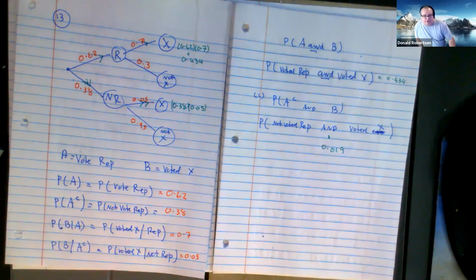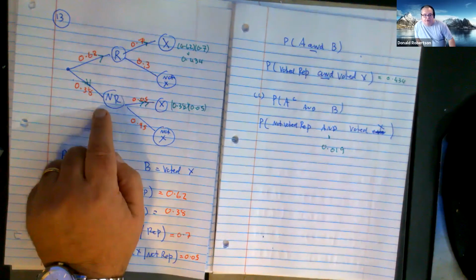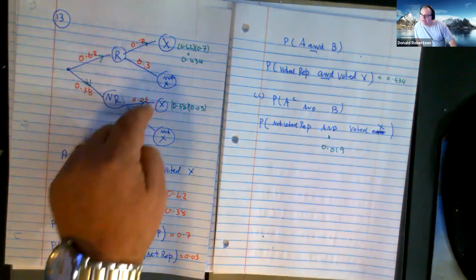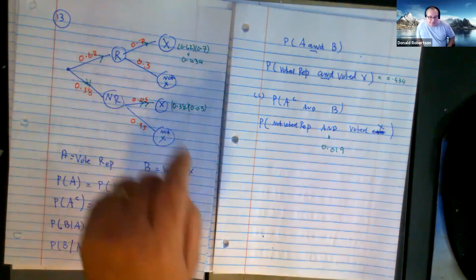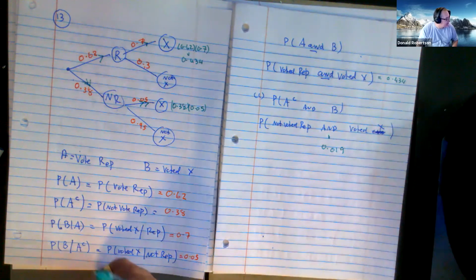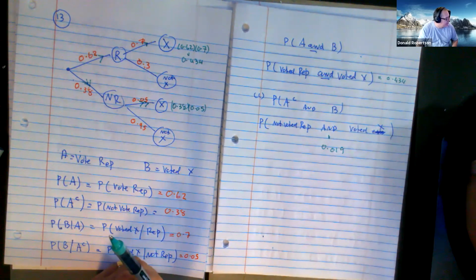Have you noticed that this tree diagram is basically the source of all answers? You just have to know how to read it, how to get the numbers you're looking for. Yes. Good. And then it says do it in words. Using the parts B and C, find B. And what's B?